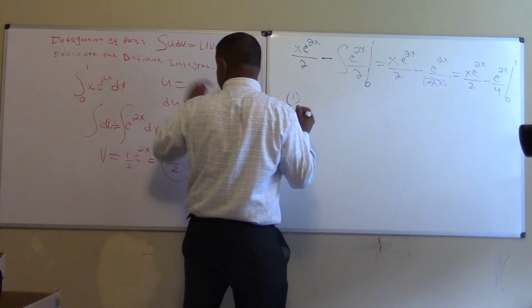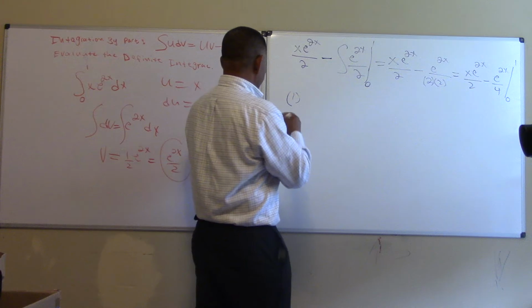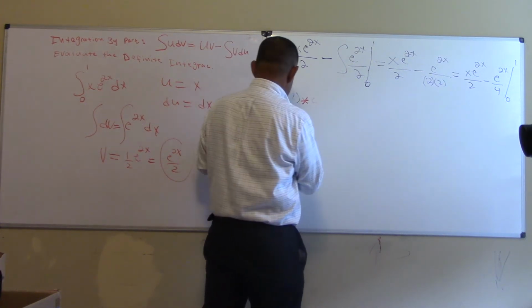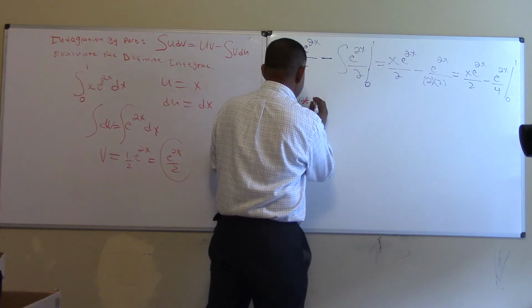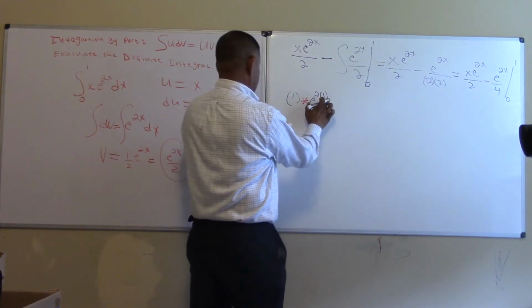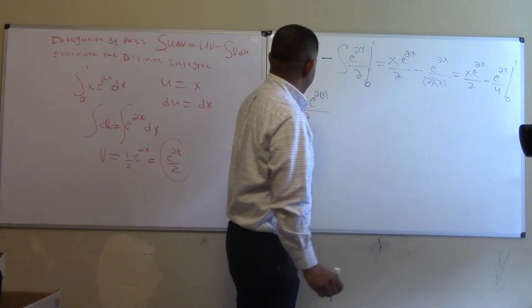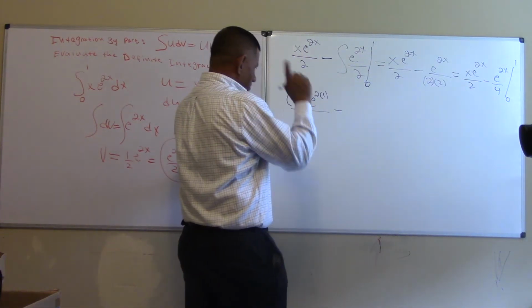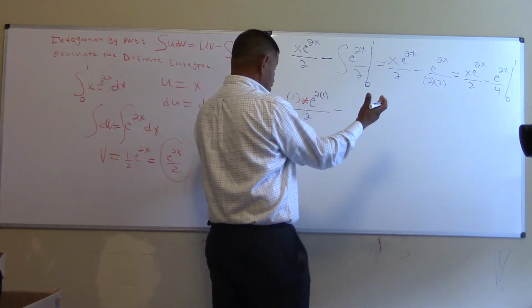So I multiply the function being multiplied, that right here: 1 times e to the 2x, to the 1 power, over 2, minus the same function again.